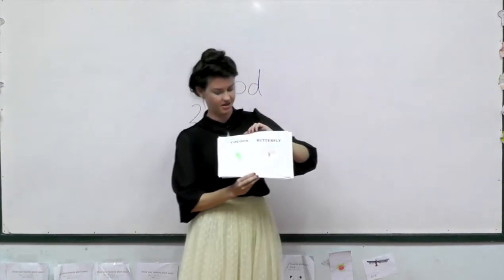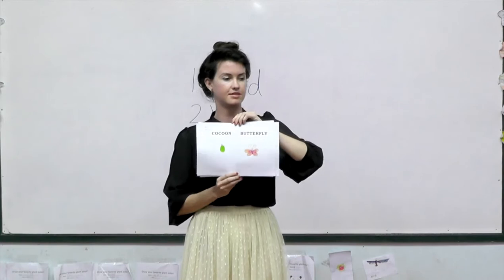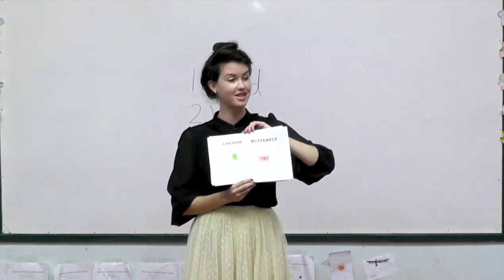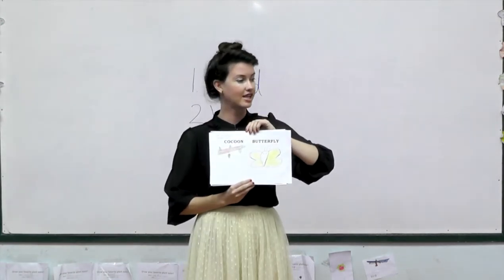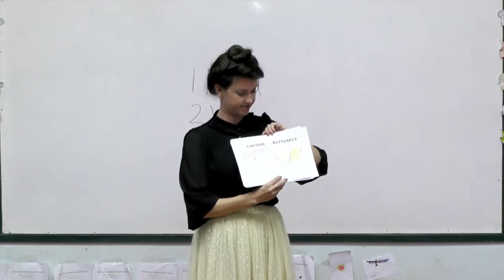Who made this one? What color is your butterfly? Orange. Who made this one? What color is your butterfly? Ooh, it's a rainbow. Who made this one? What color is your butterfly? Yellow. Who made this one? What color is your butterfly? Yellow and red.